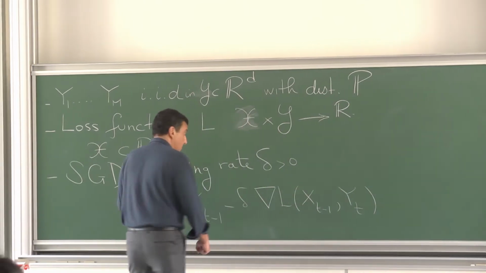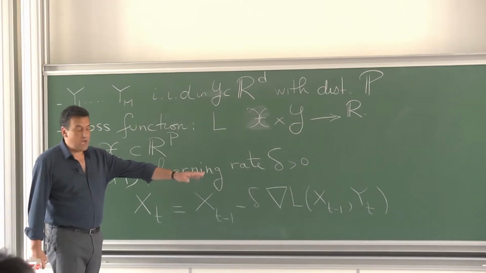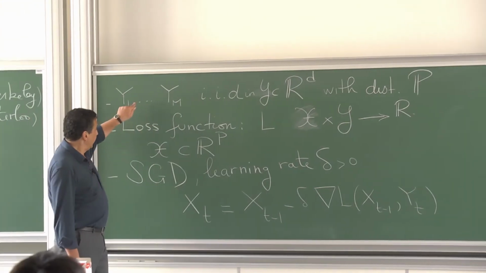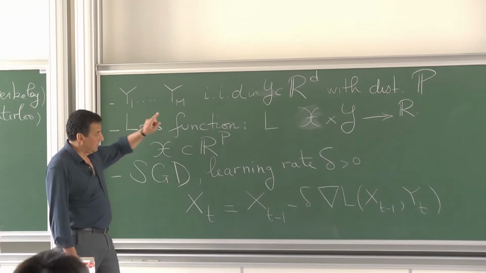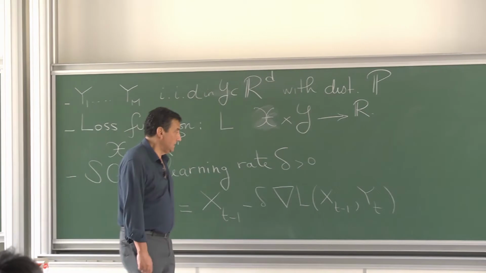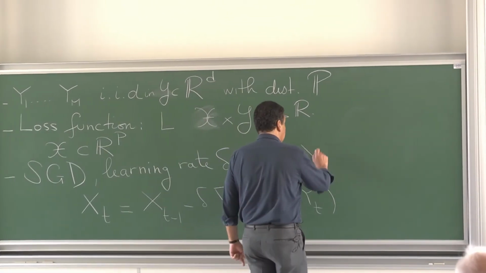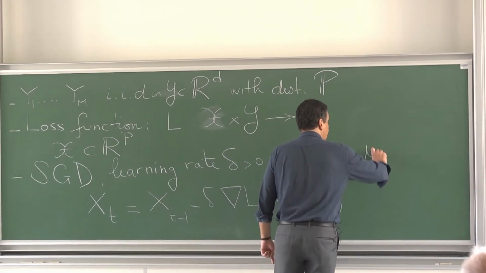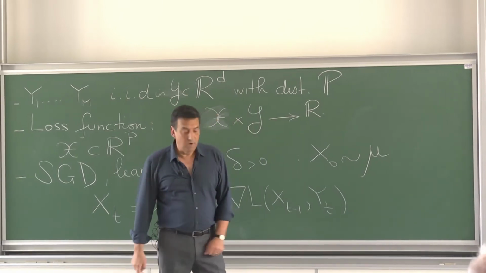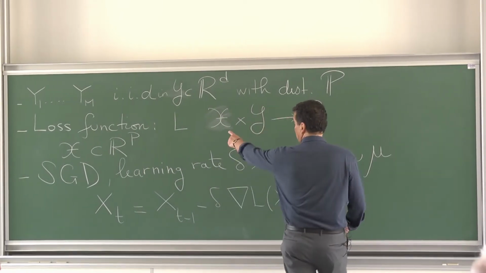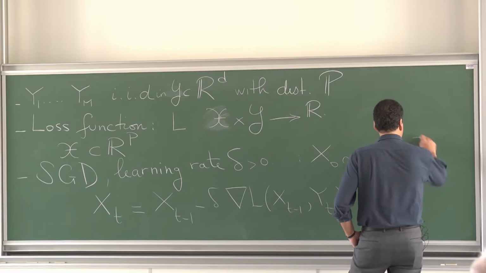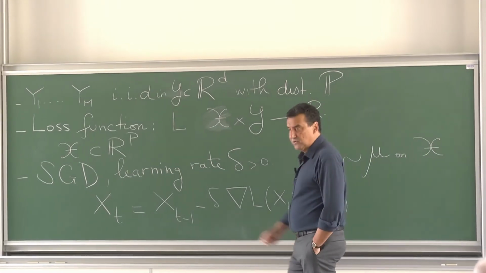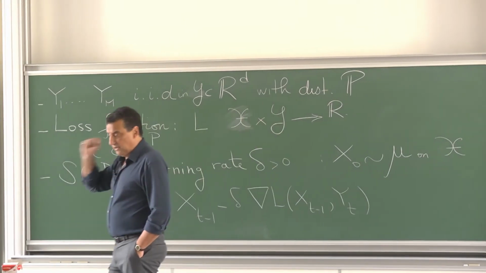So this is one pass, and online if you want, which means I take one data point at a time. But of course, I have to give some initialization. I will start with a distribution mu on the space of x's. So you start from somewhere, and then you run this thing.